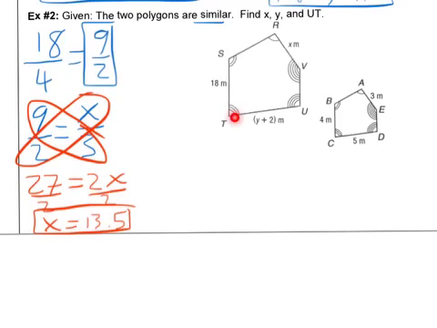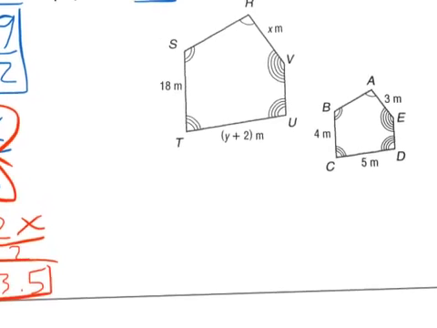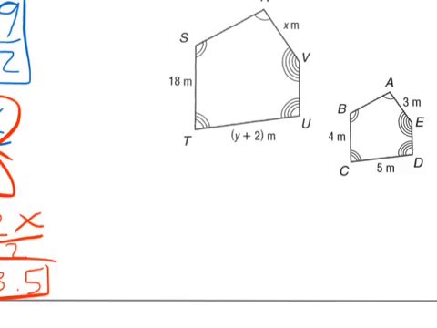Well, y plus 2 is TU, which corresponds to this side length of 5. So let's use our ratio again. I'm going to zoom in a little bit. We would say 9 over 2 has to equal y plus 2 over 5. Take the cross product.